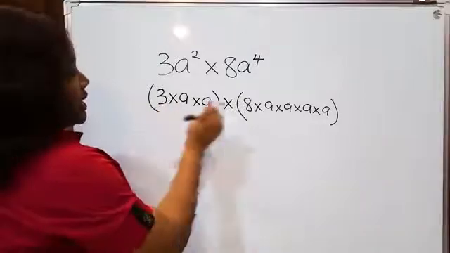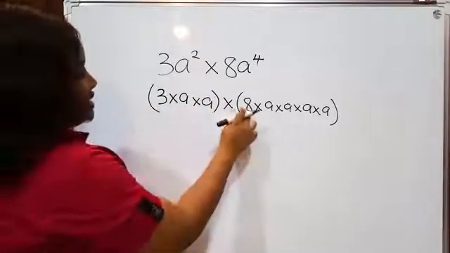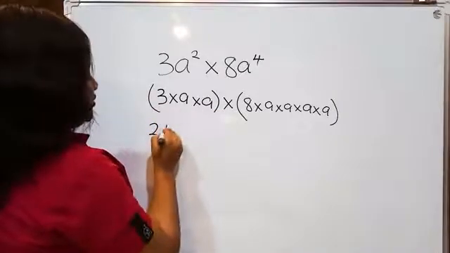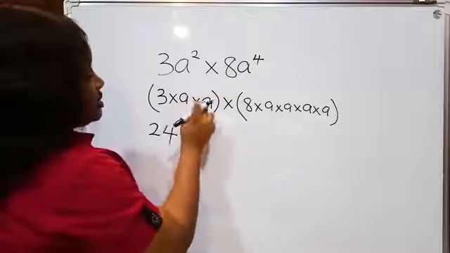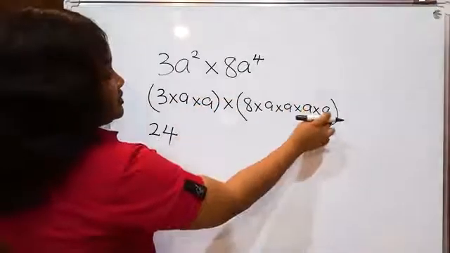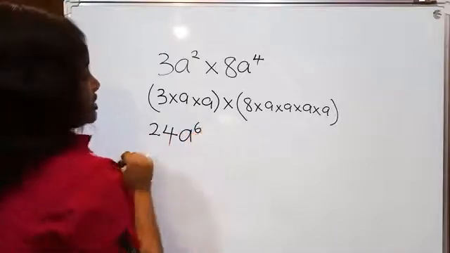So we multiply the like terms 3 and 8. You have 3 times 8 gives us 24. Then we multiply the a's. I have 1, 2, 3, 4, 5, 6. 24a raised to the power 6.